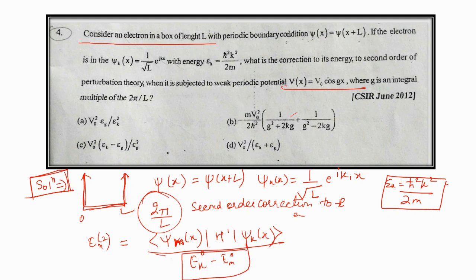This is the energy without perturbation, which is given to us, right? Now, if you solve this, the difference of both, yeah. If you solve this, right? So you need to solve.